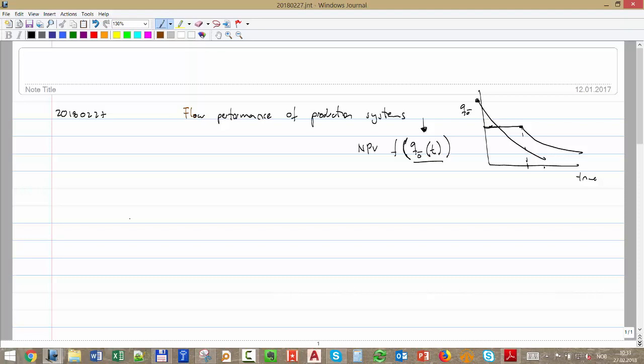So the first message I want to say is that the flow performance depends on two things. One of them you can see completely isolated, and you can say it's the deliverability of the reservoir, the deliverability of the formation.